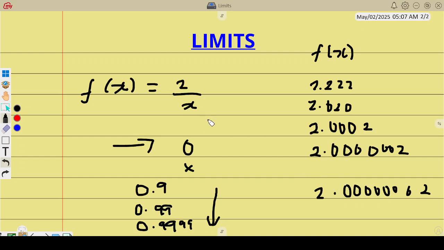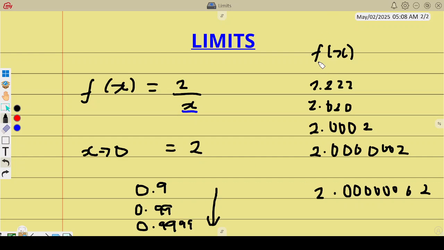But here we cannot have 0. We don't want to put 0, so we're putting 0 point something. The relationship which you can observe is that the more you approach 0, when x is approaching 0, the limit is getting closer to 2.